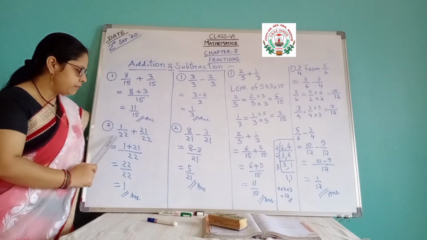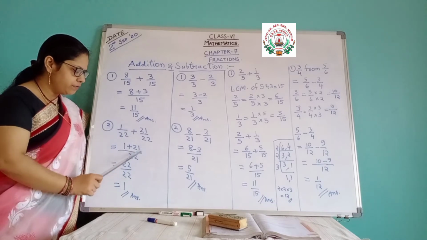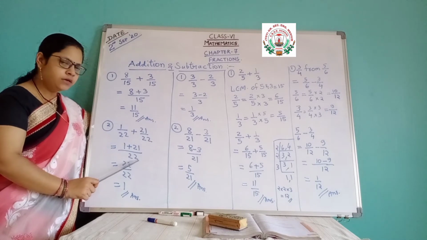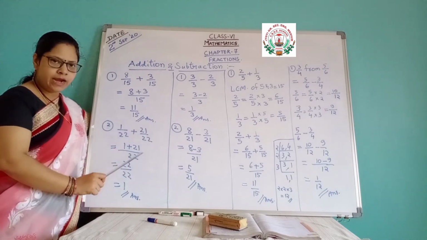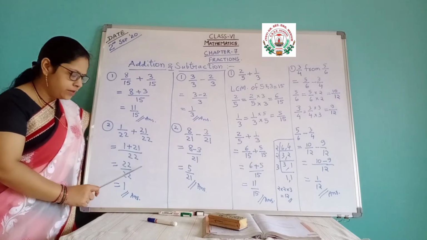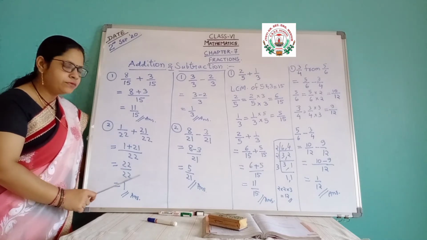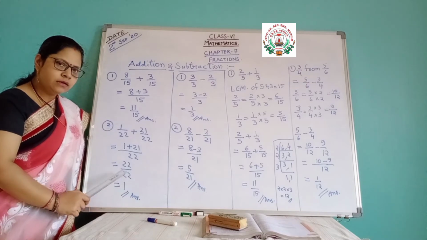Similarly, 1 by 22 plus 21 by 22. So 1 plus 21 over 22. Only one time you write the denominator, and the numerators are added. Here you get 21 plus 1, 22, and 22 for the denominator also. Now the numerator and denominator are both the same, so you can cancel. Cancel by what?